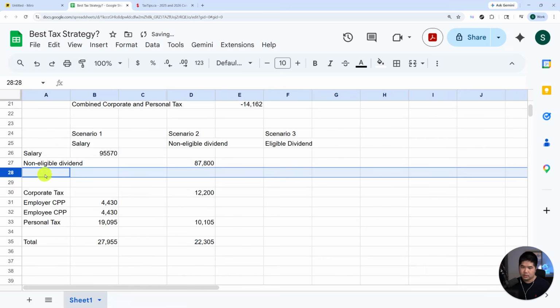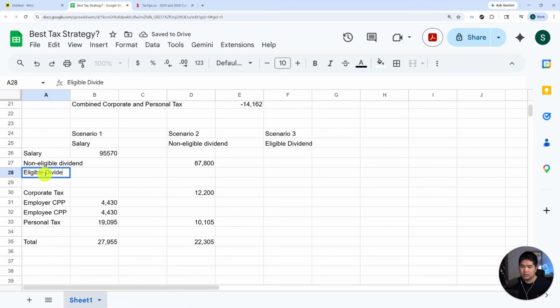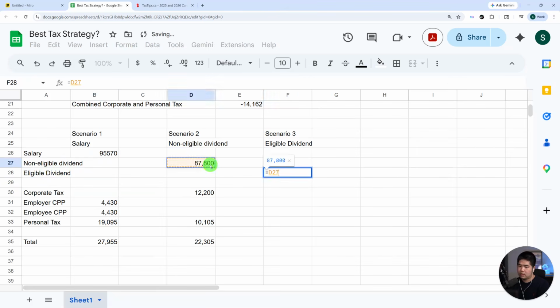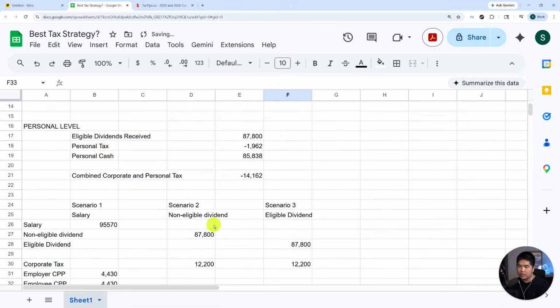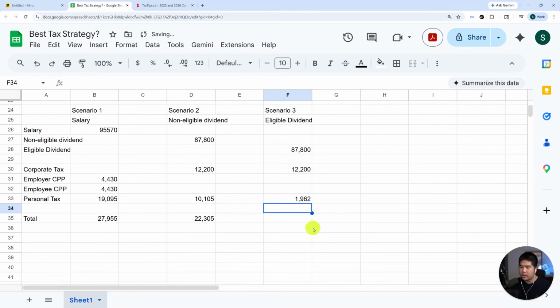Let's add eligible dividend. Corporate tax is the same, but here the personal tax is only $1,962. So the total is $14,000.